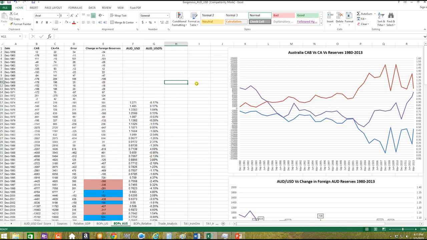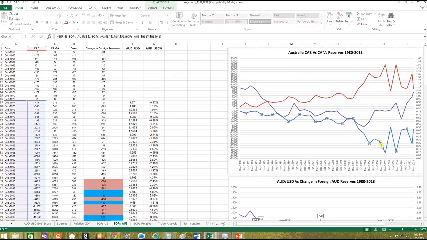If we look at the chart on the right hand side, in the same way that we looked at the US data, we can see that if we click on the blue line, we are referencing the current account balance data. If we click on the red line, we are referencing the capital account data.